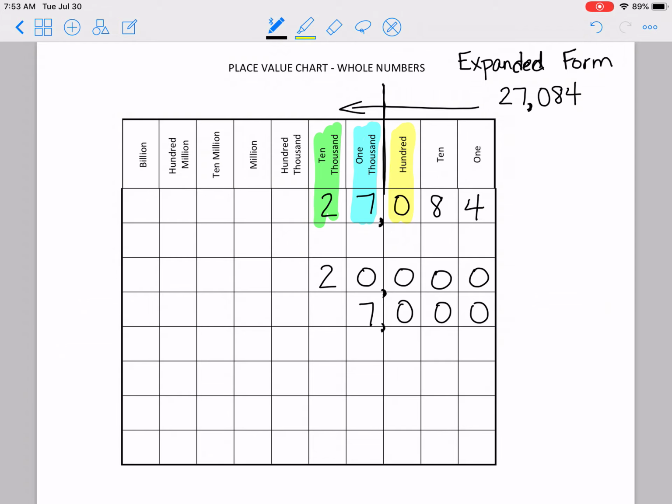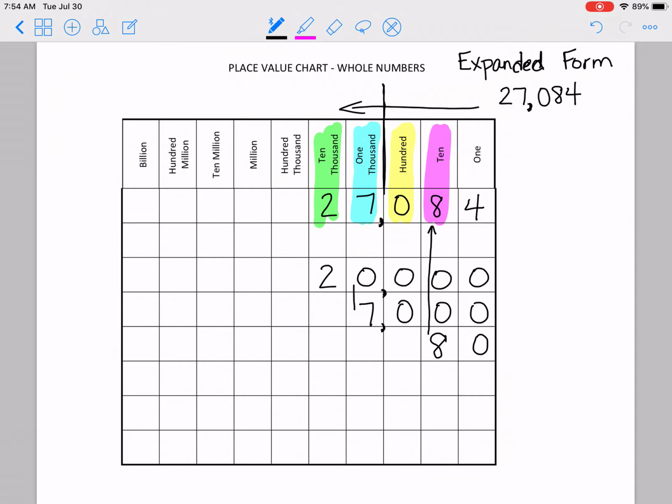And you'll see how this works in just a moment. So the next digit, I'm going to move on. I have an 8 in the tens place. So I have 8 tens. 8 tens is 80. So now I'm going to write my 80. And as you can see, my digit 8 lines up with that 8.